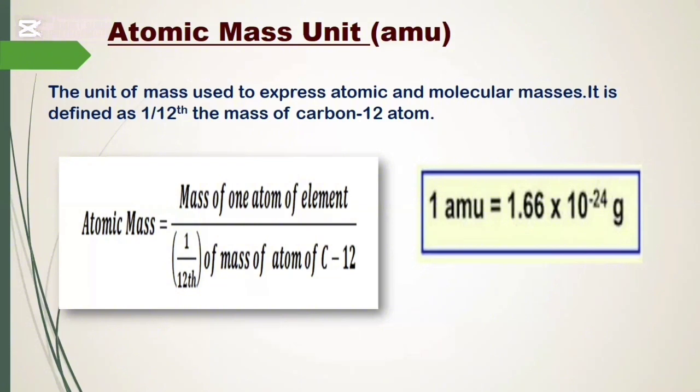We found that chlorine has a relative atomic mass of 35.5. At the same time, we get the atomic mass of chlorine as 35.5.